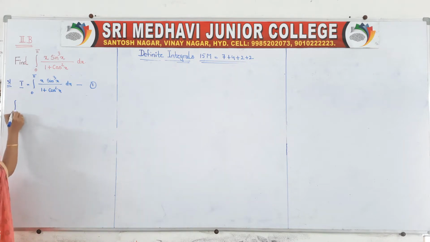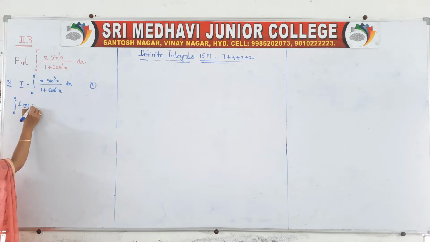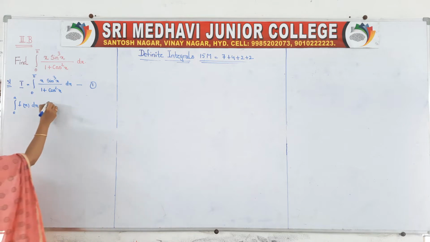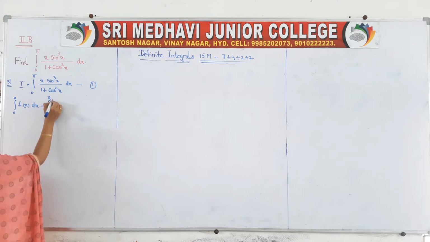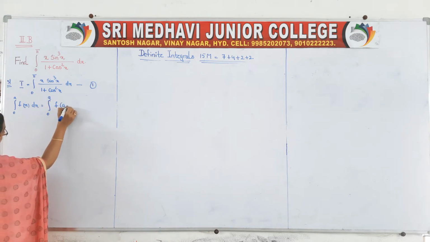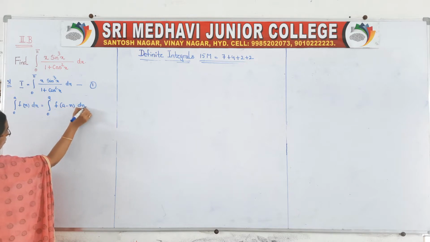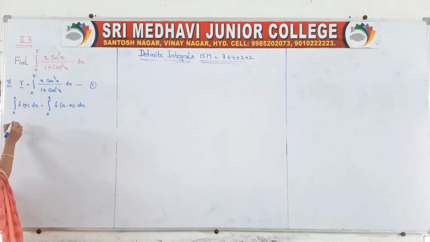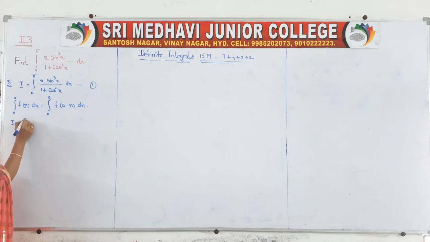And I said what is our most repeated formula in our definite integrals: integral 0 to a f of x dx is equal to integral 0 to a f of a minus x dx.